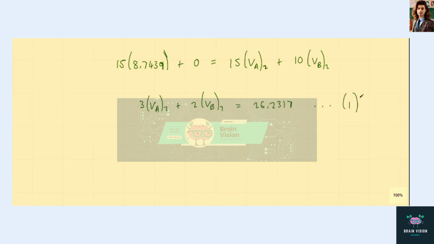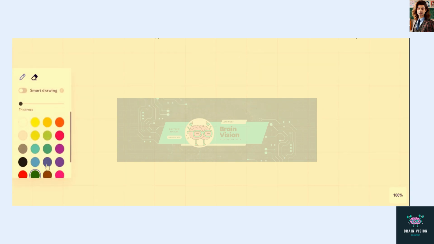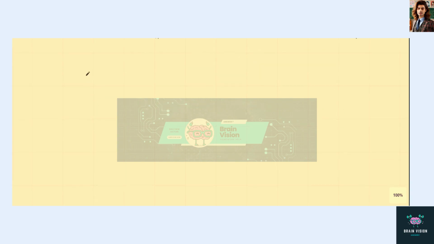So this is an equation with the final velocities of the two blocks, both of which are unknown. So we need to set up another equation. And we'll do this by using the coefficient of restitution.